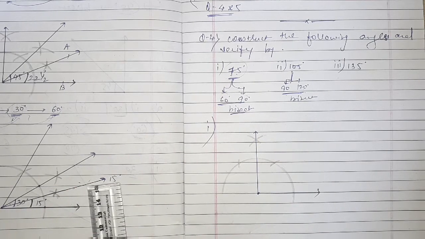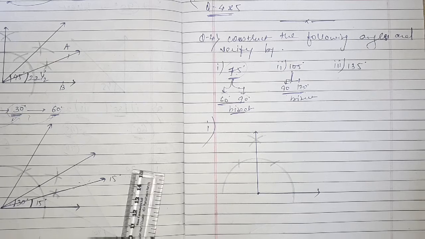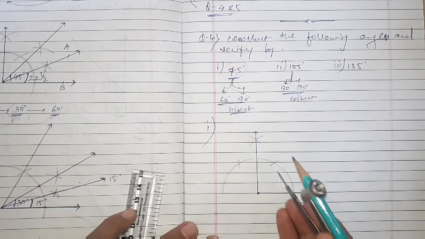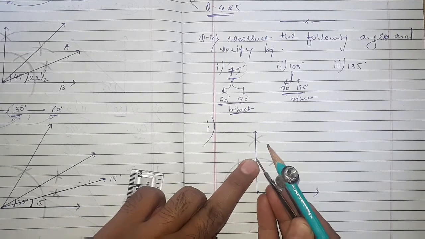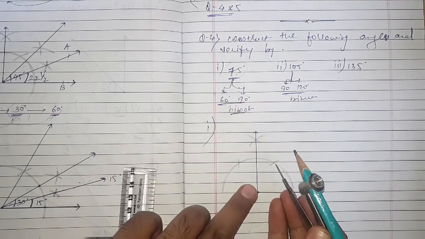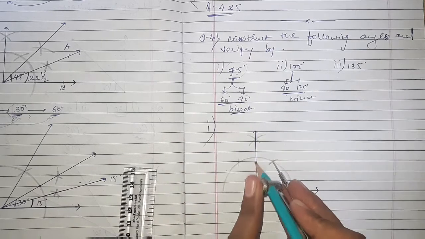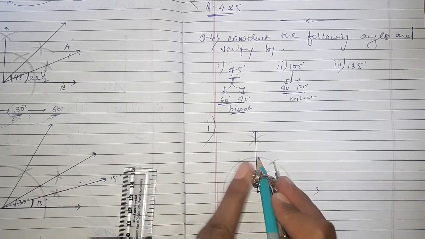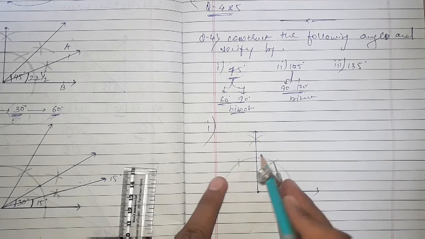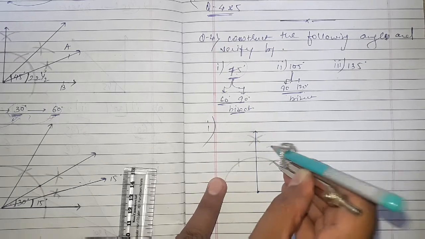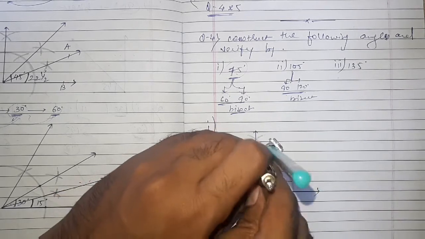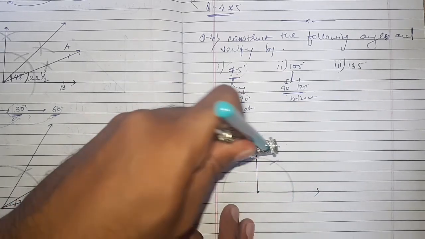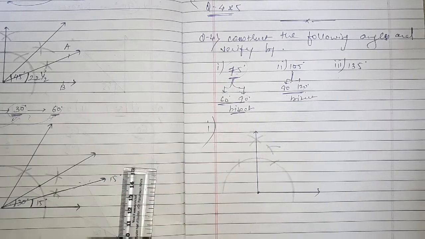Now from the 60 and from the 90, bisect between 60 and 90. Take more than half the measurement and make an arc from each.